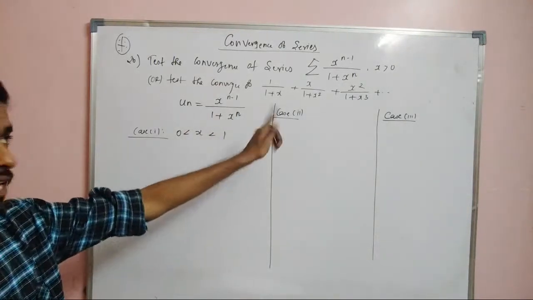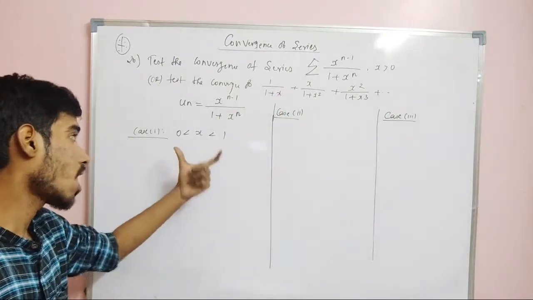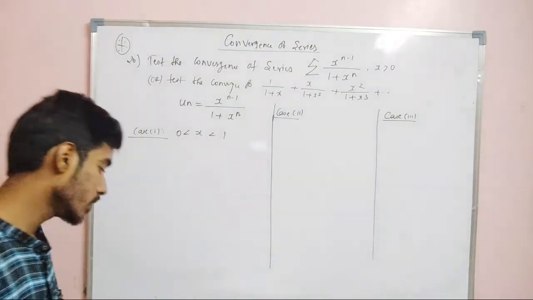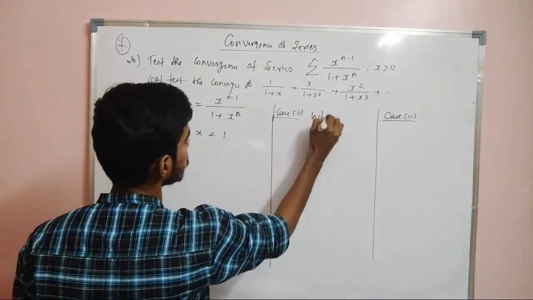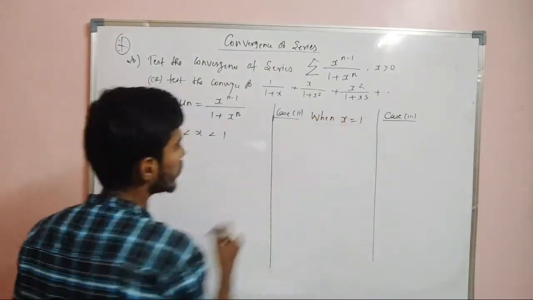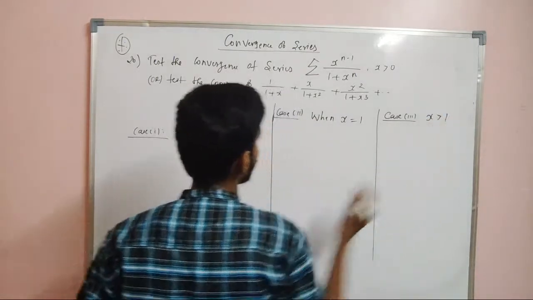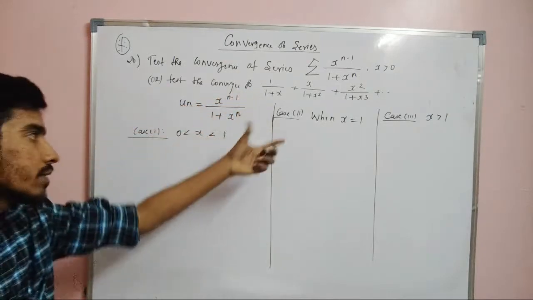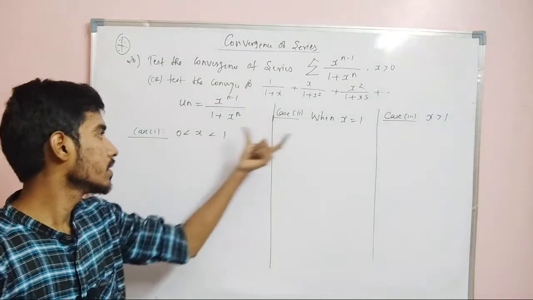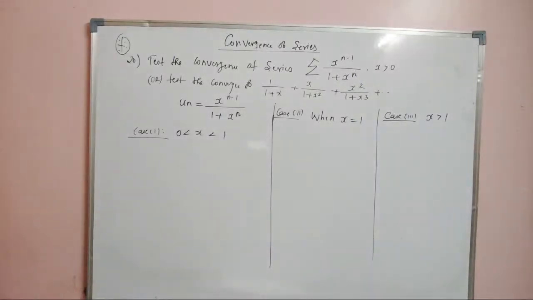Whenever you have x and x is greater than 0, you just see how the series behaves when x lies between 0 and 1, what happens when x is equal to 1, and what happens if x is greater than 1. Right? So we always split this into 3 parts. Since x is greater than 0, it's divided into 0 to 1, 1, and greater than 1. So you just split it into 3 cases.